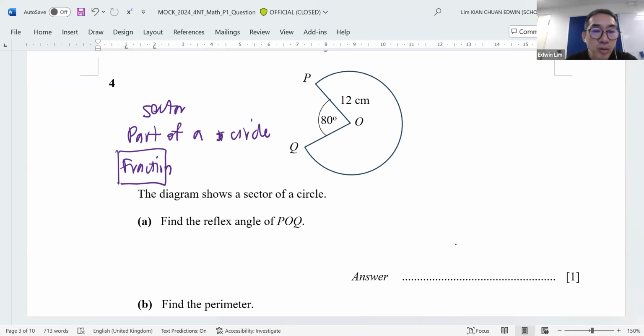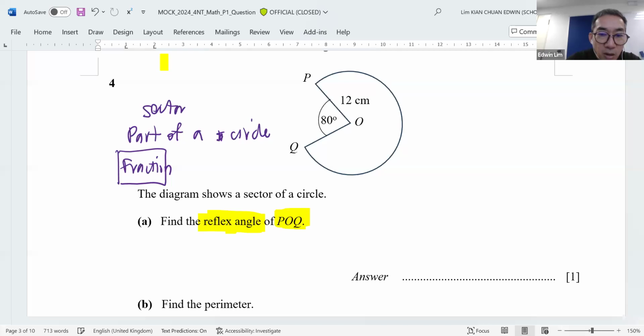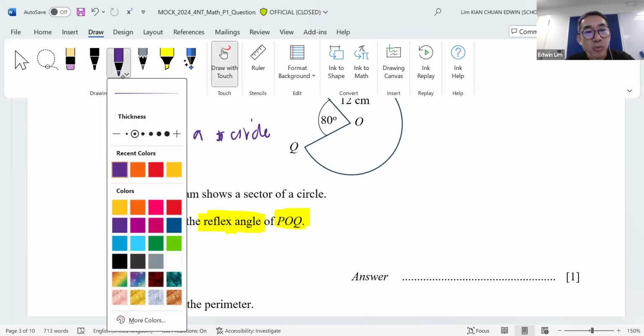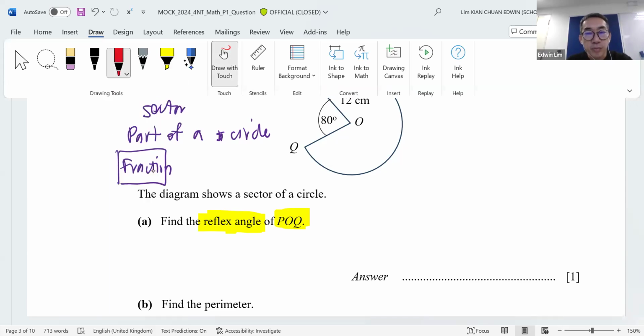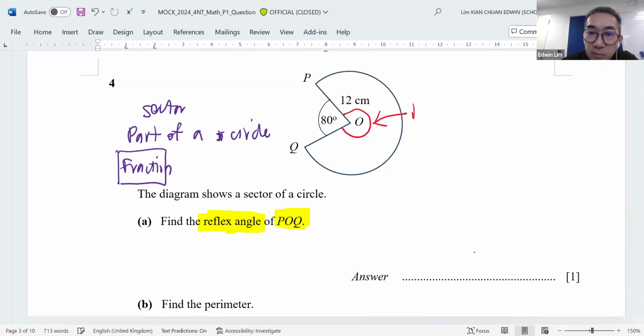So the first question, they ask you, find the reflex angle of POQ. So where is this reflex angle of POQ? I use red to show it to you. All right, so they're asking, where is this reflex angle?